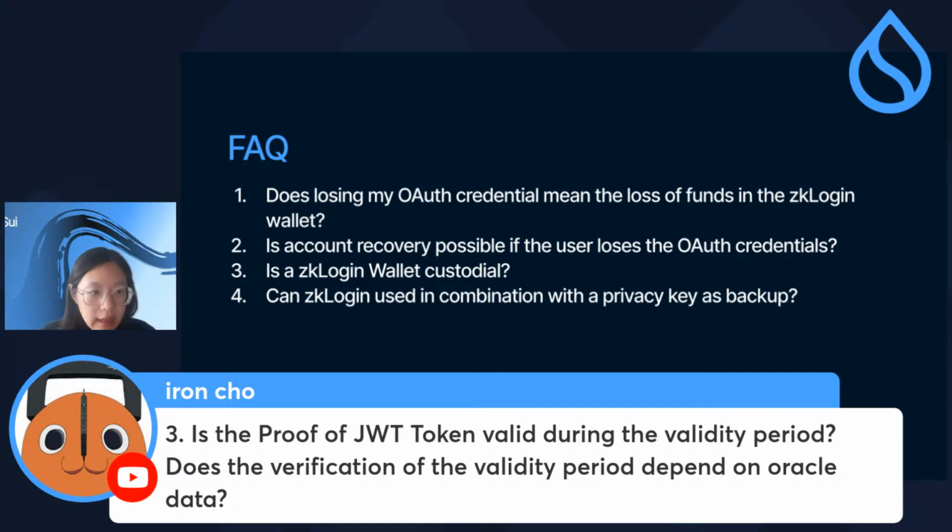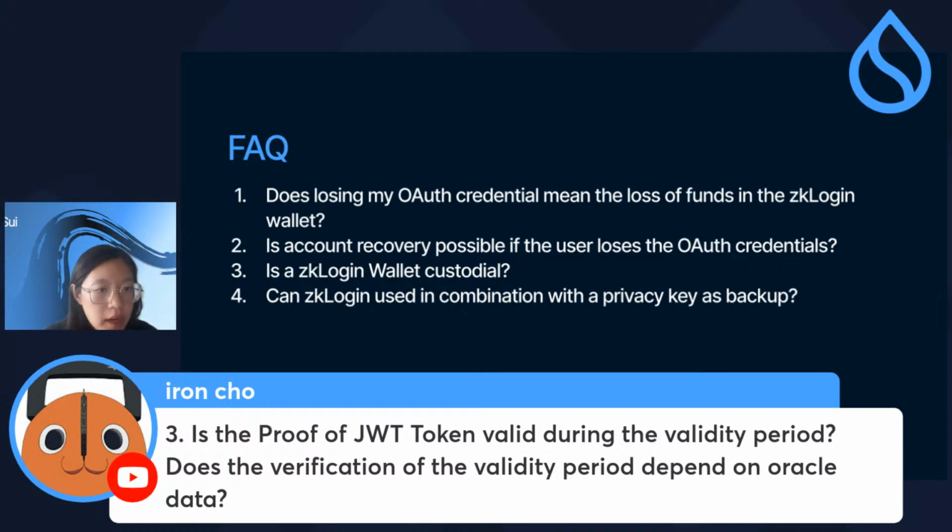And they actually rotate their public key every week. And in order to verify the proof itself, we need to get the latest JWK, which is the Google public key, from on-chain somewhere consistently in the validators. The way we achieve that is by using the validator set that we already have to secure the Sui network.